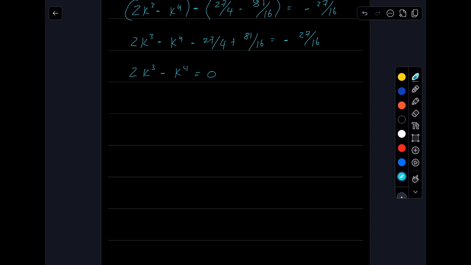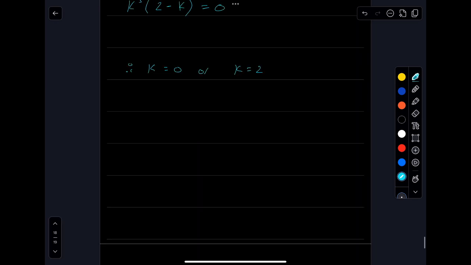Factorizing this, we get k to the power 3 times (2 minus k) is equal to 0, which means then that k equals 0 or k is equal to 2. And so naturally our answer is going to be k is equal to 2.